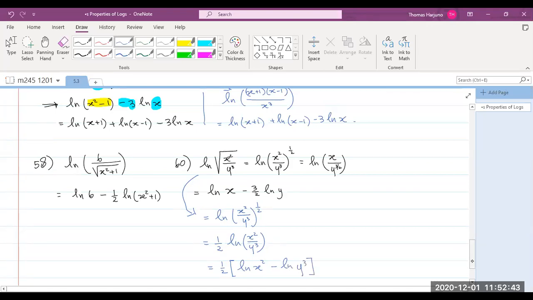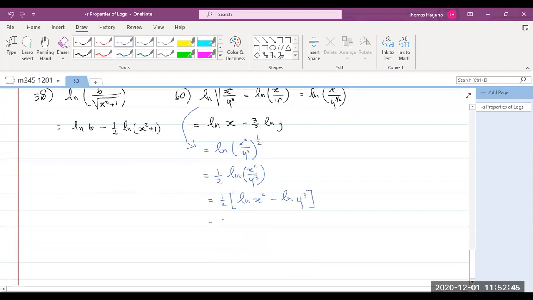Right? Okay. I play the movie a bit slow. So this is 1/2 times 2 natural log of x minus 3 natural log of y. Then distribute the 1/2. That gives me what I need. Okay, that's for number 60.